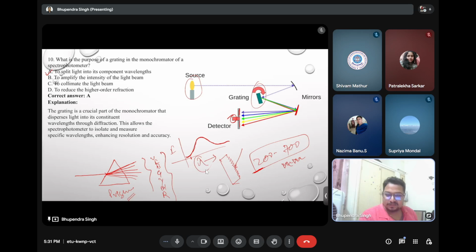So you will get some intensity something like this, maybe higher here, I don't know, I'm just giving you an example. That is why it is important to select only a particular wavelength, and that is why you are getting this data.